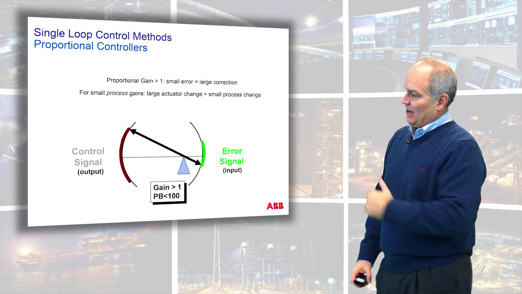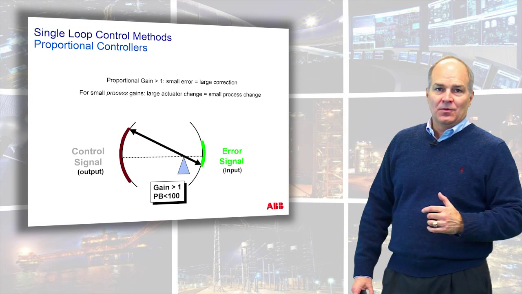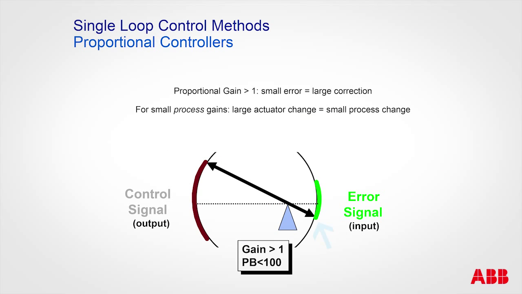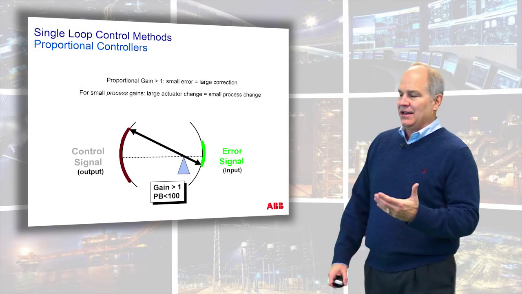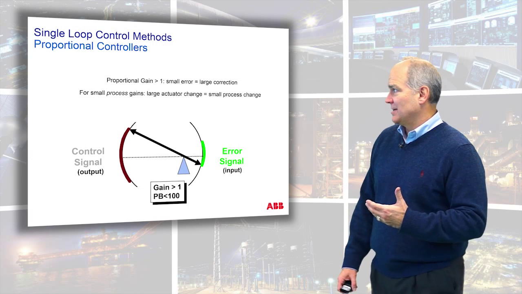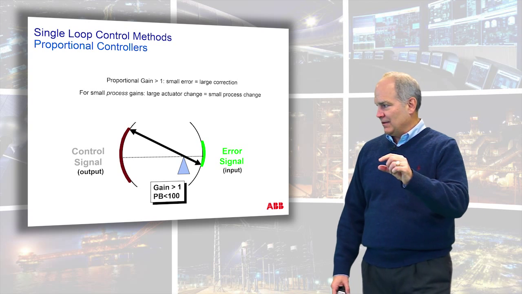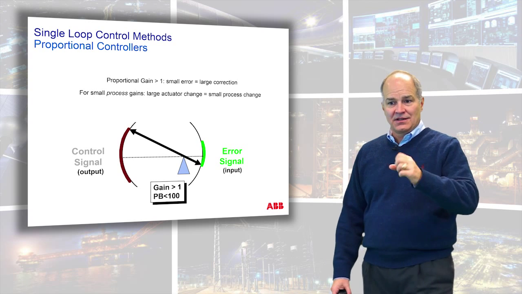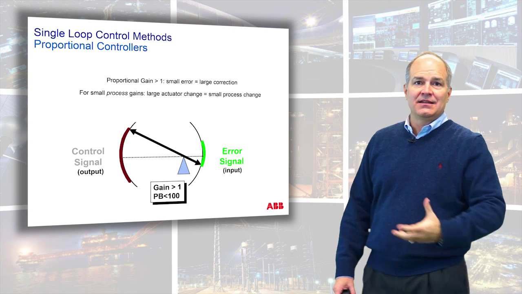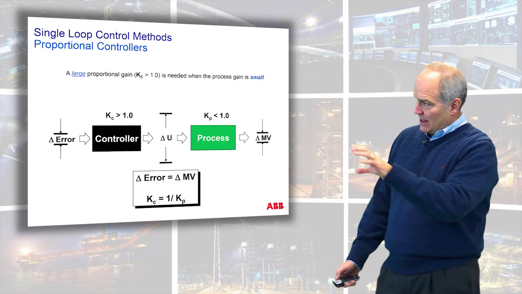You can see over here, if I jam the gain over to be greater than 1, the error doesn't have to move very much and the output moves a lot. You might think in terms of a large actuator change results in a small process change. So in terms of process gains, you have a very small process gain because it takes a big actuator change to get anything to happen. That's kind of what I'm showing here.